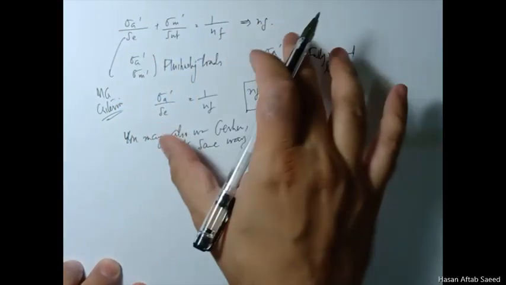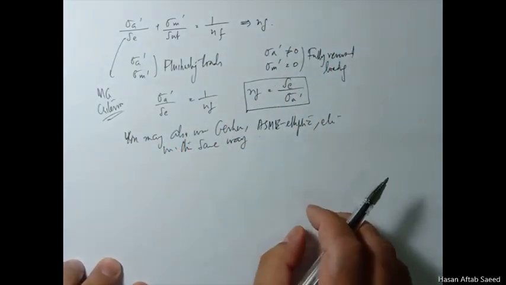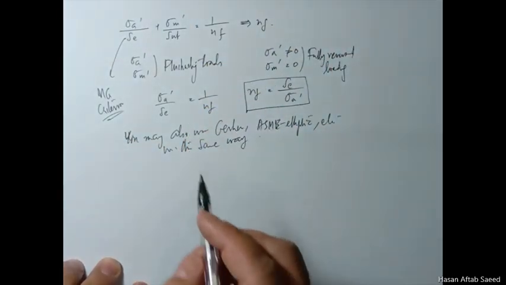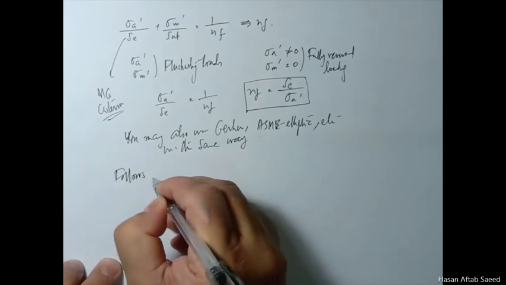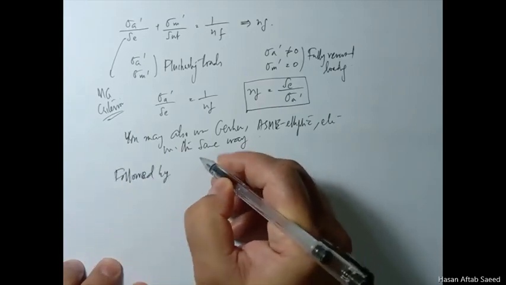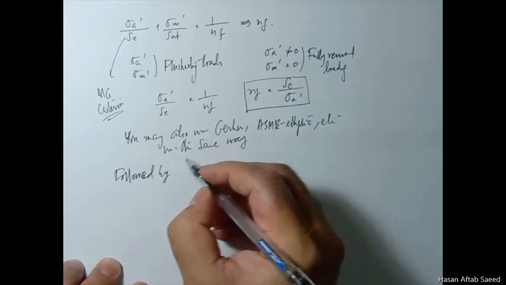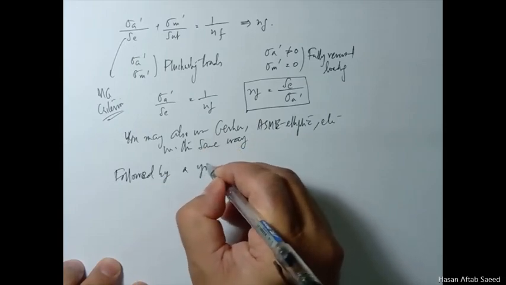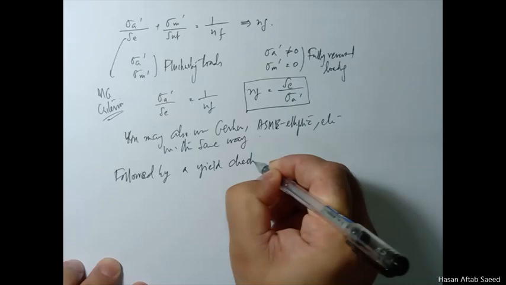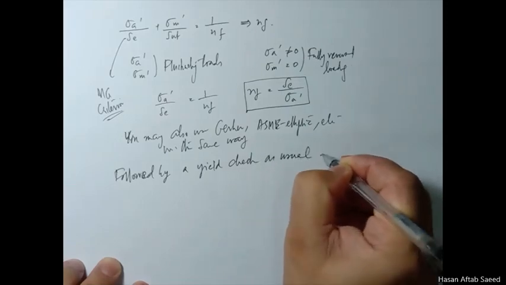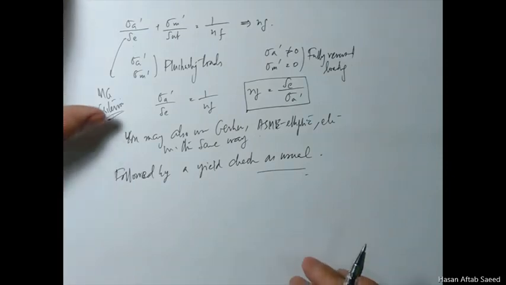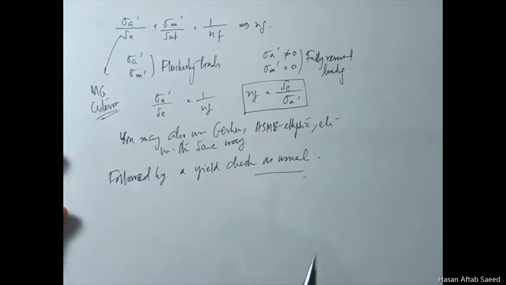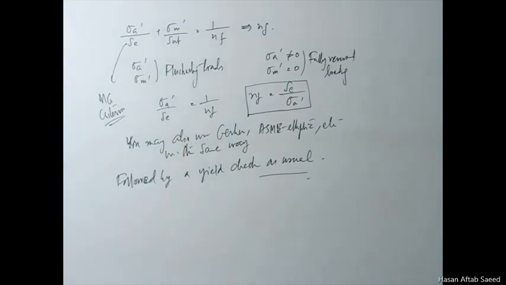And once you have calculated the fatigue factor of safety, it's a good practice to follow with a yield check as usual. And let me demonstrate the use of these equations in a numerical problem.